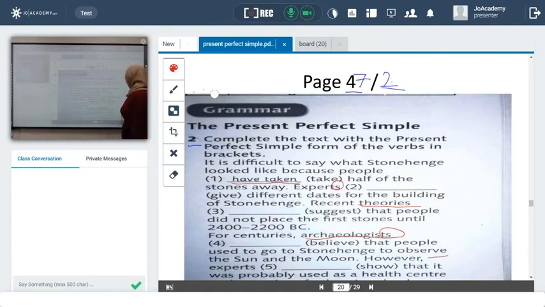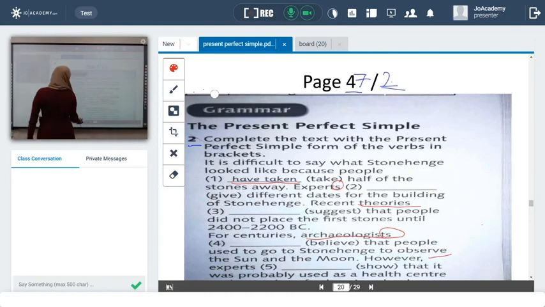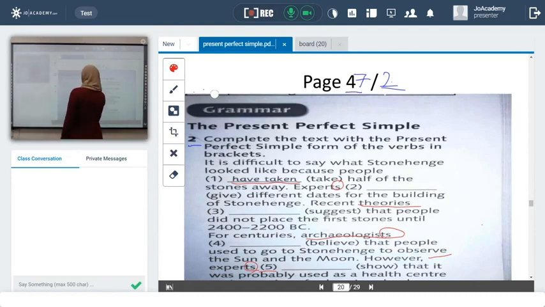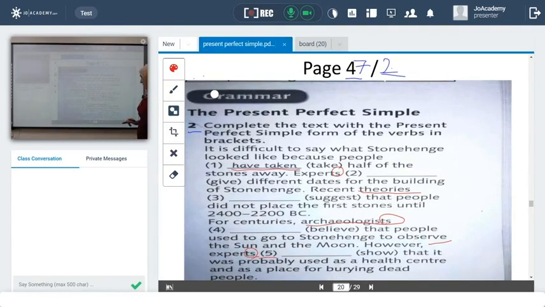However, experts, so it's plural, experts show that it was probably used as a health center and as a place for burying dead people.